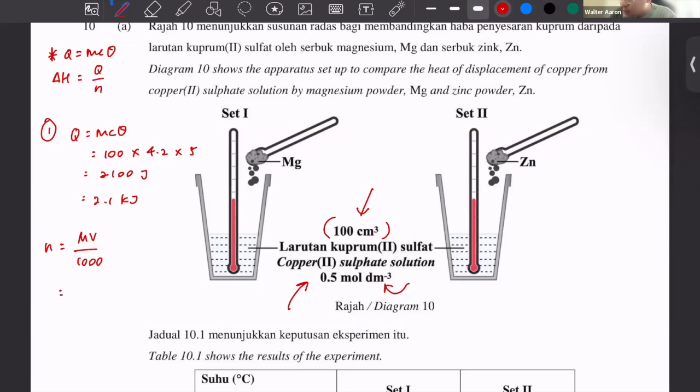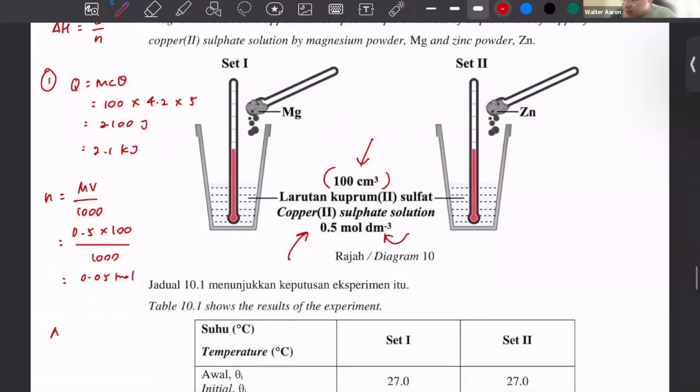The molarity is 0.5 mole and the volume is 100. Divide by 1000, and you get 0.05. So the number of moles is 0.05.